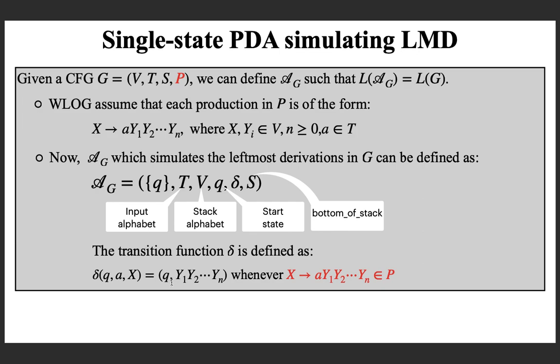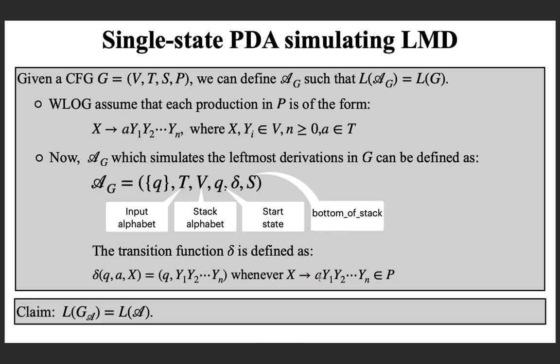The only state, and the string to go onto the stack is whatever string of variables is there after the first terminal symbol in the RHS of that production. So this is what we observed, and we can prove that the construction is correct, sound and complete. The language represented by the automaton is precisely the language represented by the grammar.